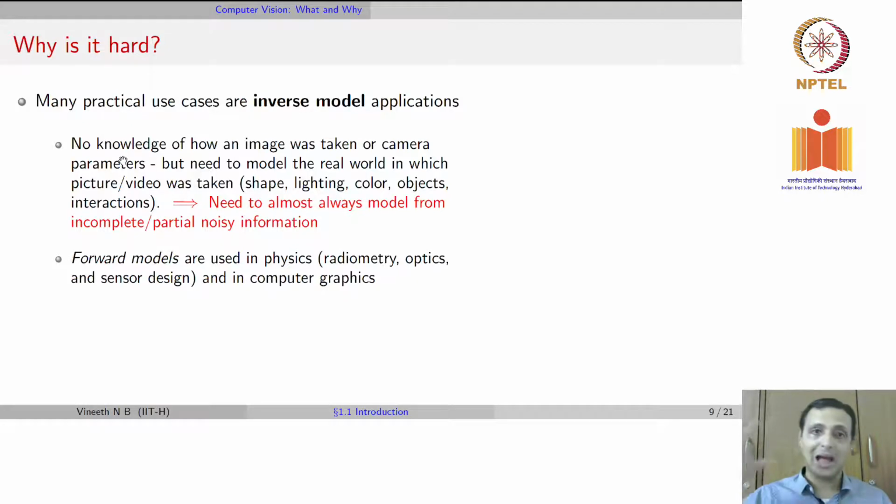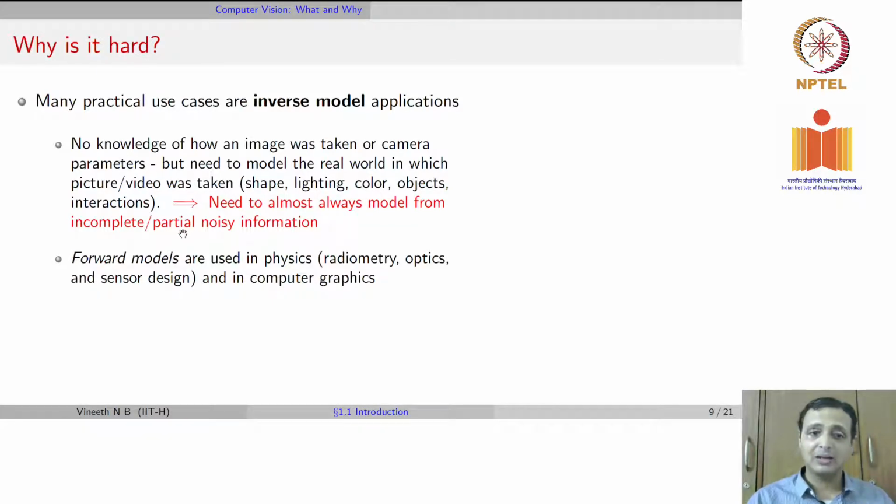You do not know at what angle the image was taken, or what the settings on your camera were, but we need to model the real world in which the picture or the video was taken. So that's why we call it an inverse problem. We do not know the world in which the image was taken, but we actually have to find out from the image what the 3D characteristics of that world are.